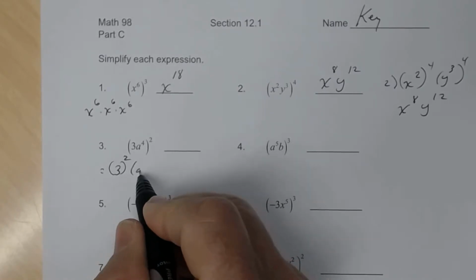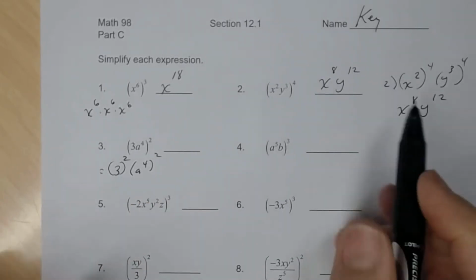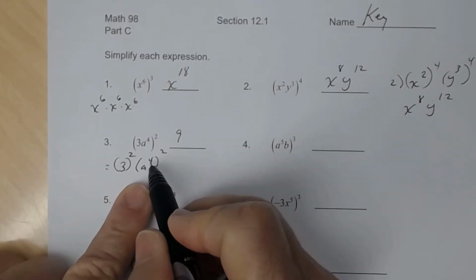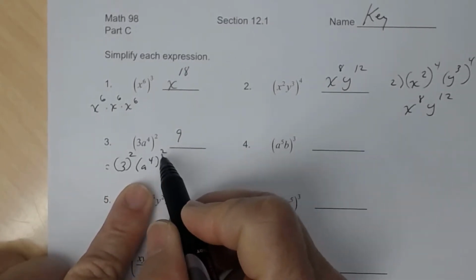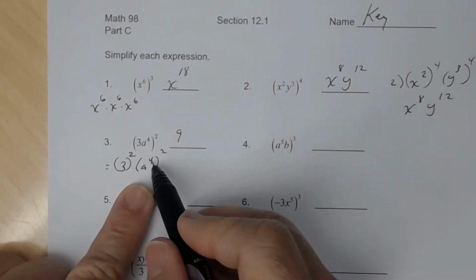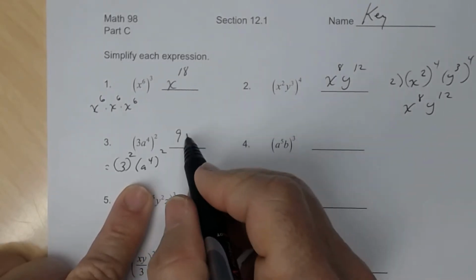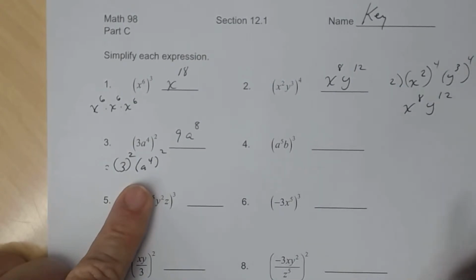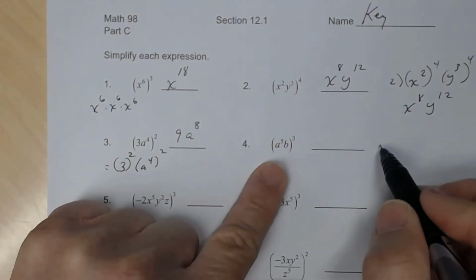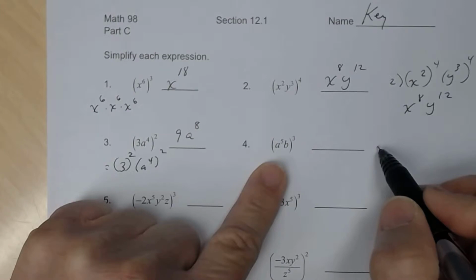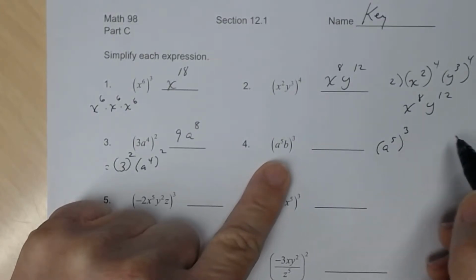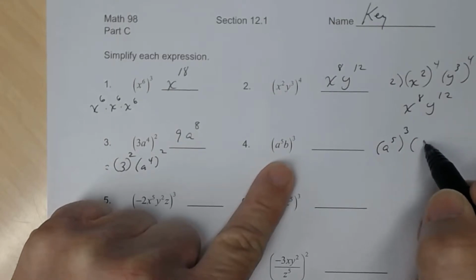And then this is a to the 4th, and that's being squared. All right, so 3 squared is 9, so that'll be a 9. And then a to the 4th squared, when you have a power raised to a power, so using the power rule, you multiply the exponents, so it'll be a to the 8th power. Okay, over here, you have a to the 5th raised to the 3rd power times b.